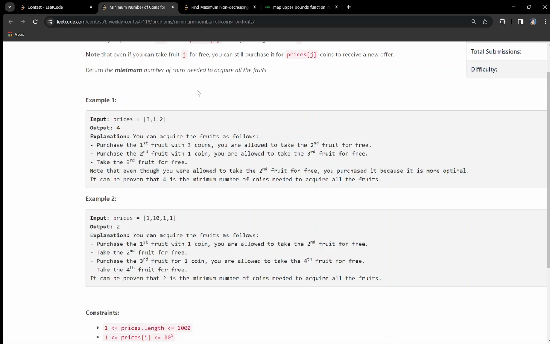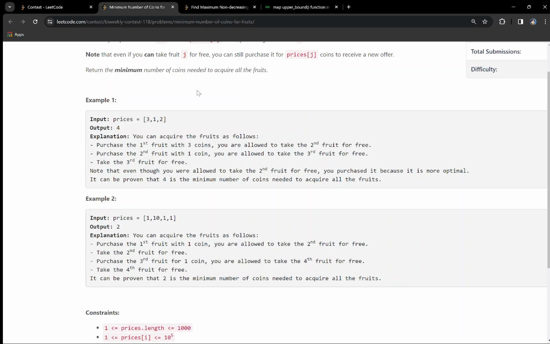So let us suppose dp of I comma j, if we write a recurrence relation, it will be something like firstly I will be there, and if we take it, maxi will be equal to, if there are two options, if we take it, it will be nothing but the minimum coins.